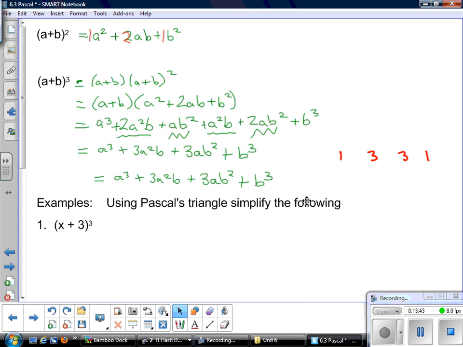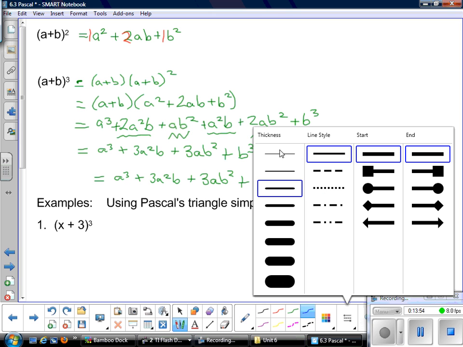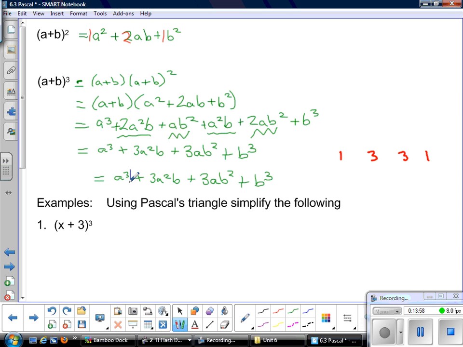Now in this part that I'm experimenting with, I'm going to show you what would happen if I added to my question a b. If I put a b to the 0, and an a to the 0, because b to the 0 or a to the 0 is 1.